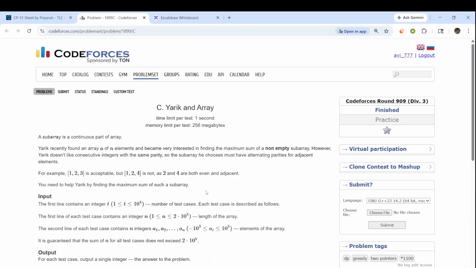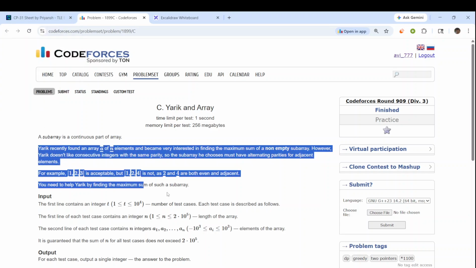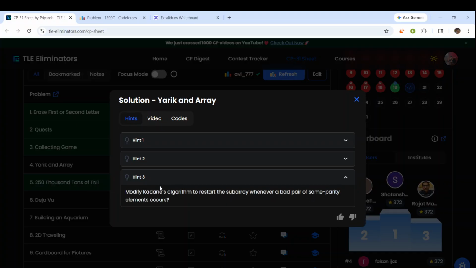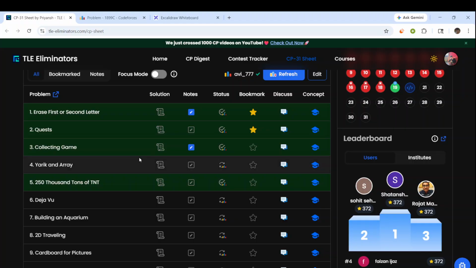Kadane's algorithm. Yes, okay. But this question is Kadane's algorithm with the parity thing, right? That's why it says modify Kadane's algorithm to restart the subarray when the bad parity comes. Okay, Kadane's algorithm.